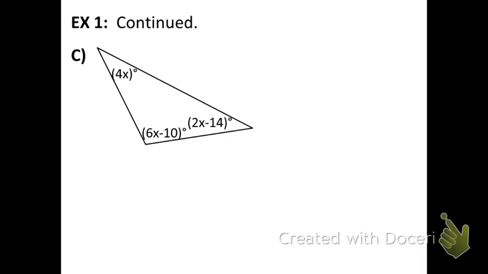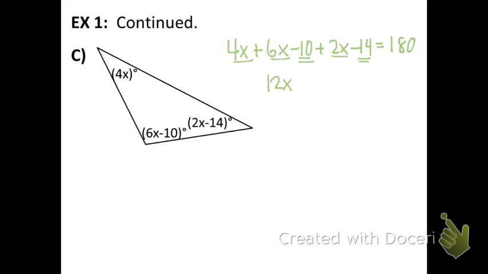Here's another example. We're going to take 4x plus 6x minus 10 plus 2x minus 14. They just get consecutively harder. All of these add up to be 180 degrees. From here we'll combine all of our x's. We have a 4, a 6, and a 2 to get 12x.